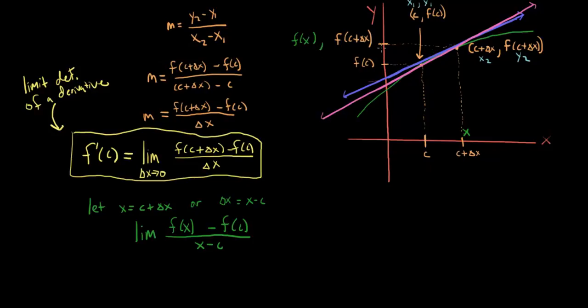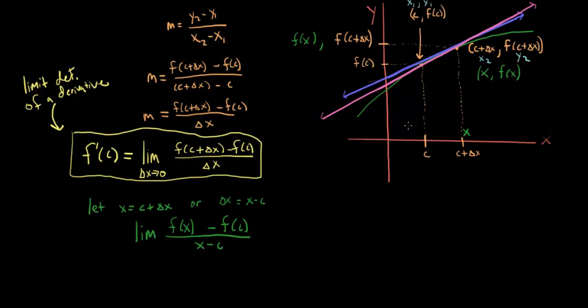So that's another way to refer to this y value right here. F of c plus delta x is the same thing as f of x, and that's true because we let x be c plus delta x. So another name for this point is also x comma f of x.